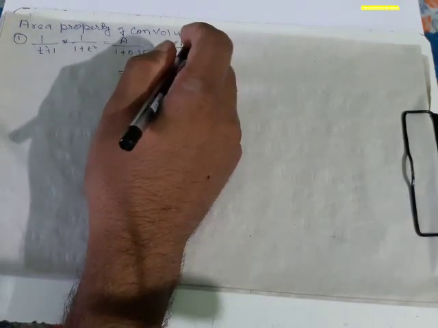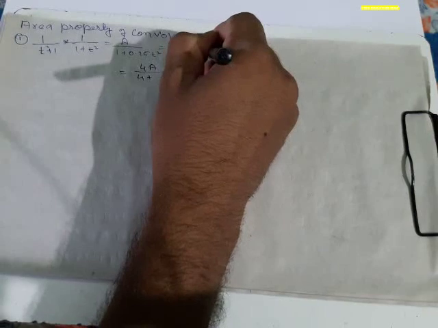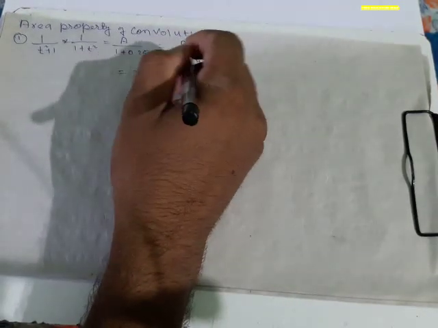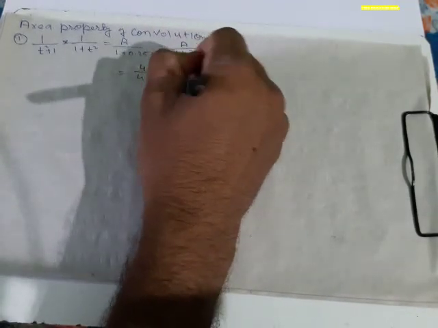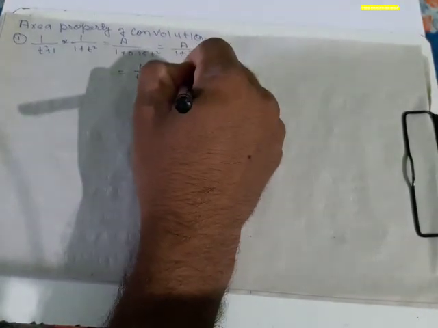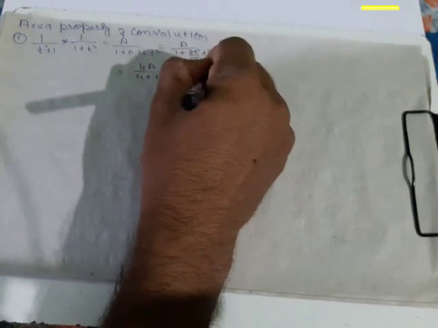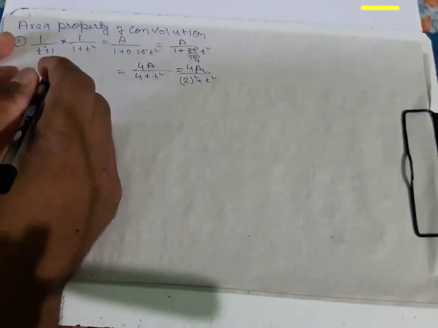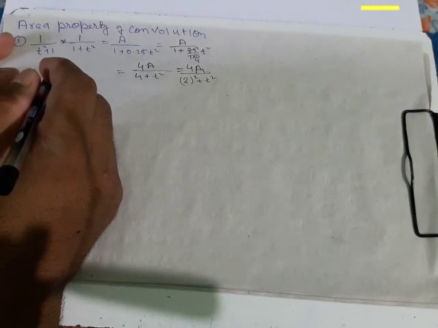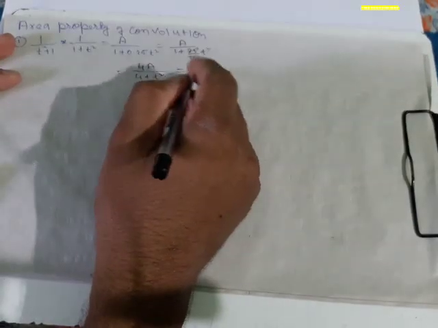And 4a by t square plus 2 square can be represented as tan inverse of t by 2. So this is nothing but 4a tan inverse of t by 2, and that by 2 is also there.